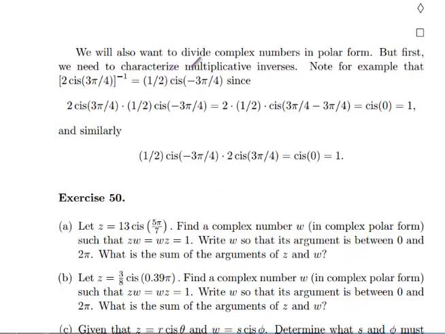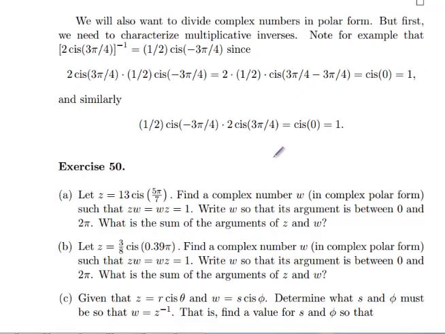Okay, also want to divide complex numbers. All right, now in this discussion we talk about division of complex numbers in polar form. And the way we're going to get at division is similar to the way we did before. We're going to look for multiplicative inverses.